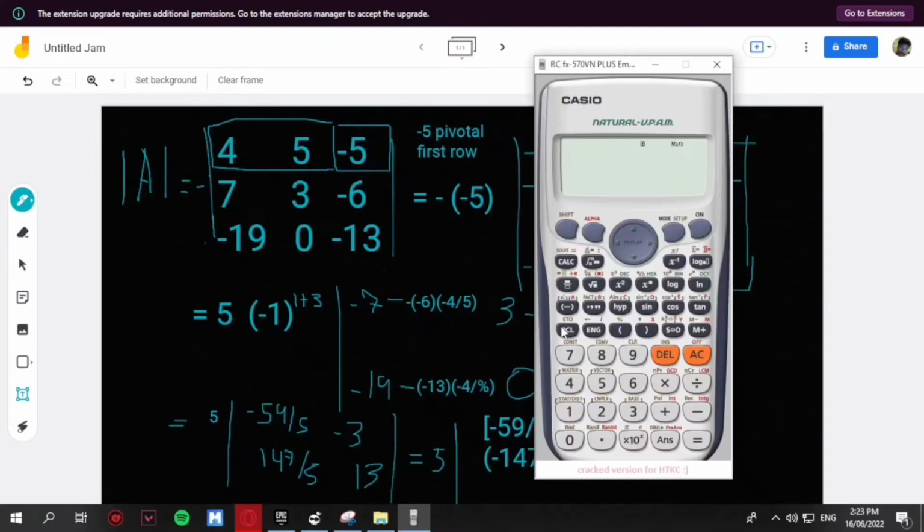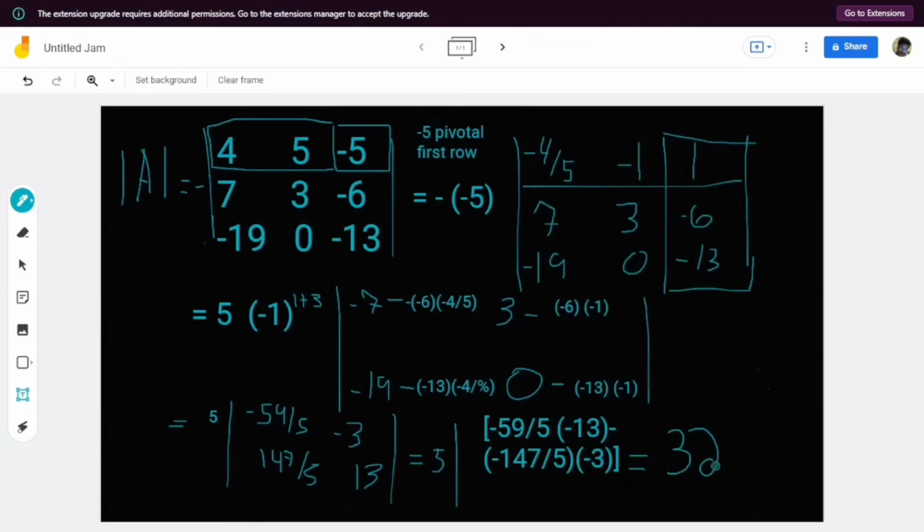So for the last one, it is negative 59 over 5 times negative 13 minus negative 147 over 5 times negative 3, and the answer should be, wait, I missed the negative sign on 147 over 5. So the answer is going to be 326 over 5, and we'll multiply it by 5, so we'll get 326. And that's how you do the pivotal method.